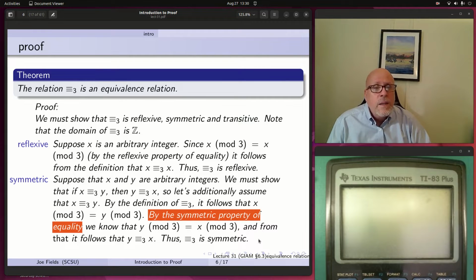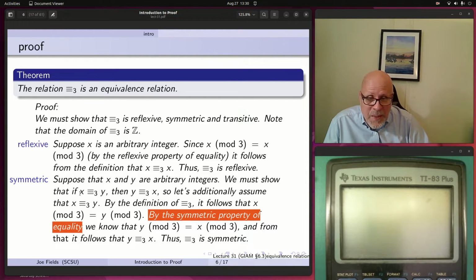Thus, since we did this arbitrarily with no presumptions about what x and y are, other than that they are equivalent mod 3 in that one order, x to y, we showed that it's also equivalent mod 3 in the other order, and thus that equivalence is a symmetric relation.